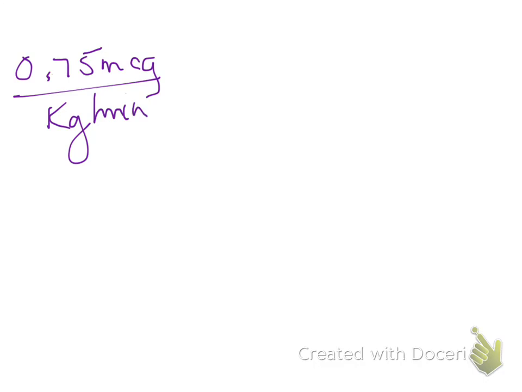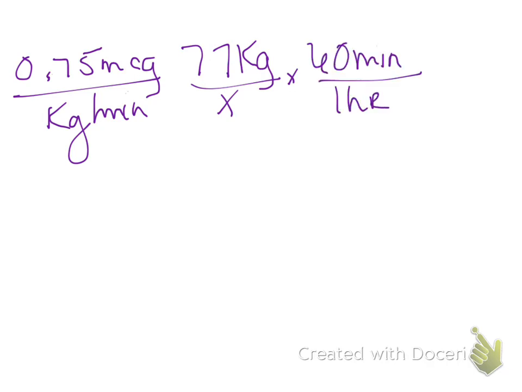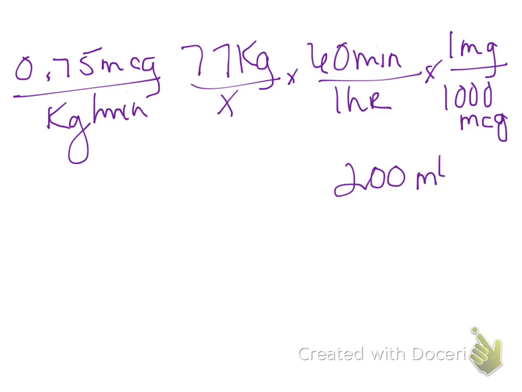You're just going to put your 0.75 micrograms per kilogram per minute, and over your 77 kilograms over X times your 60 minutes over 1 hour, and then you get your 1 milligram over your 1,000 micrograms, and then you have your 200 mLs over 200 milligrams.